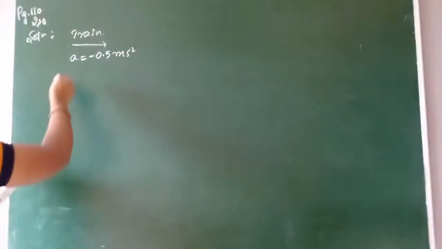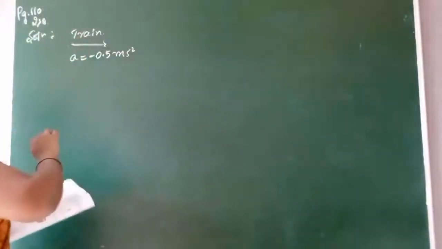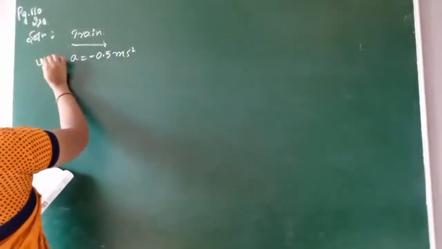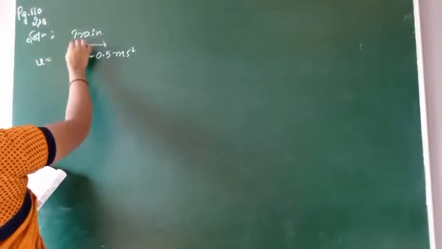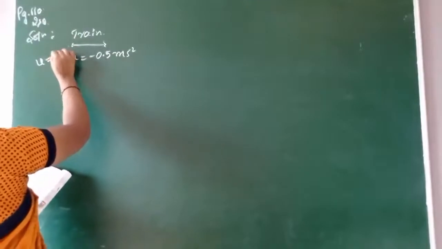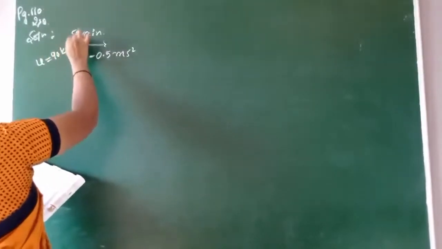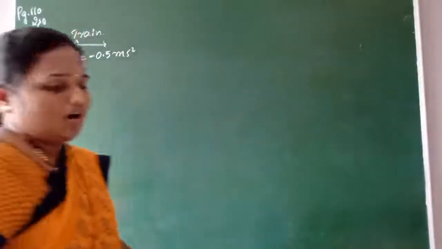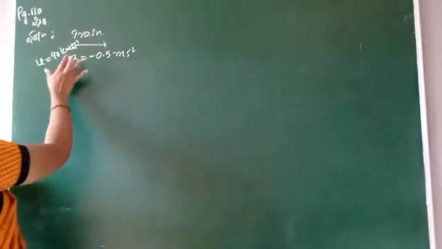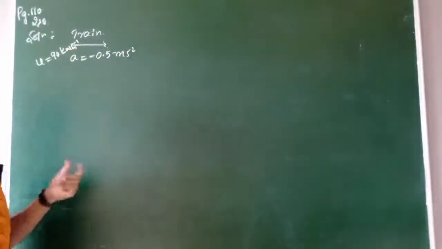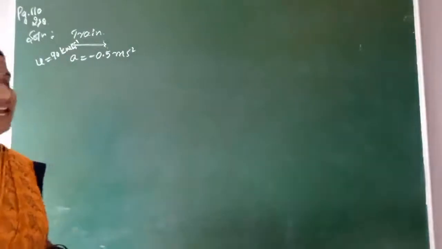Since it is moving from its beginning point, its initial speed was 90 kilometer per hour. So what we need to find out is how far it has traveled from this point to some point. We need to calculate the distance here.